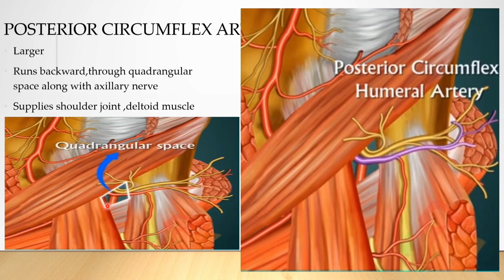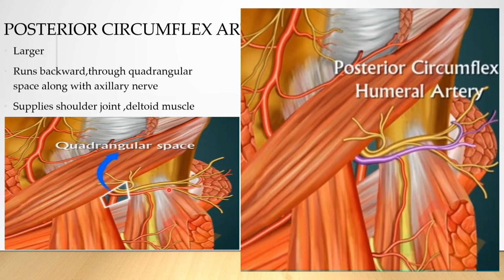Here you can see a very nice picture. This is the quadrangular space. Through this space, the posterior circumflex artery enters along with the axillary nerve and it supplies the shoulder joint and deltoid muscle and forms an anastomosis with the anterior circumflex artery.